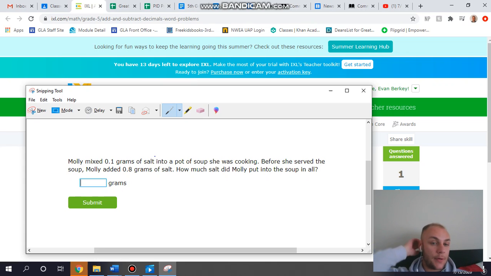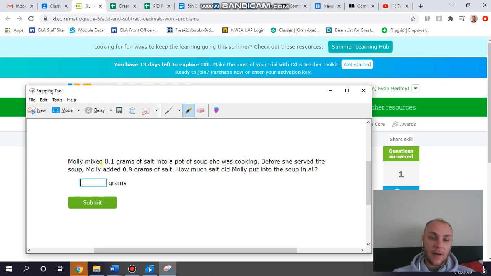All right, let's go through. Molly mixed 0.1 or 1/10 grams of salt into a pot of soup she was cooking. Before she served the soup, Molly added 0.8 or 8/10 grams of salt. How much salt did Molly put in the soup in all?